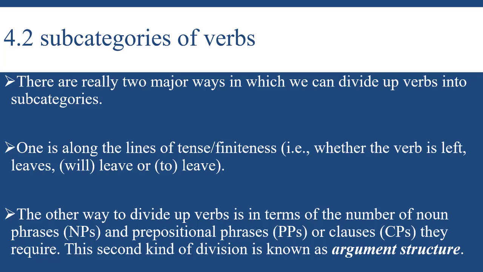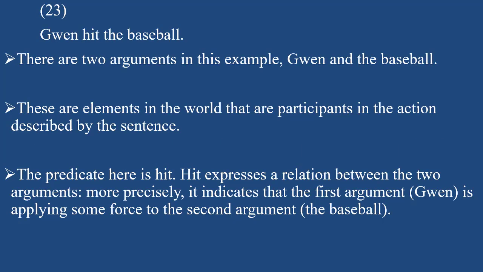If we're talking about intransitive and transitive verbs, a verb can require one NP, or two NPs, or an NP and a PP. We're going to see this again in the next lesson. So this is the argument structure.